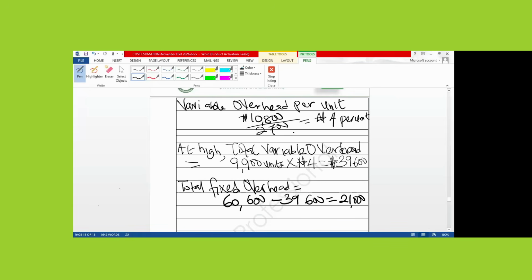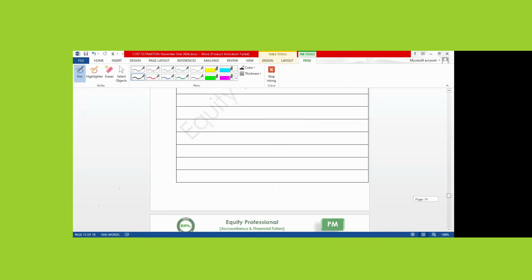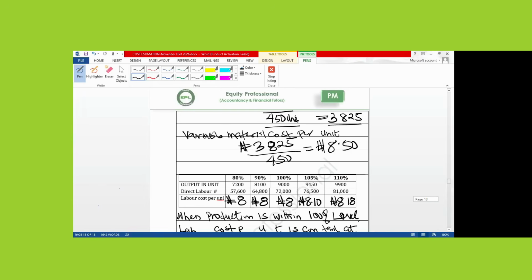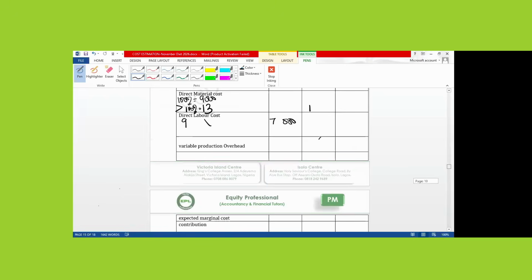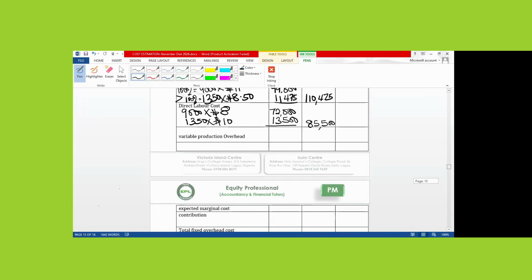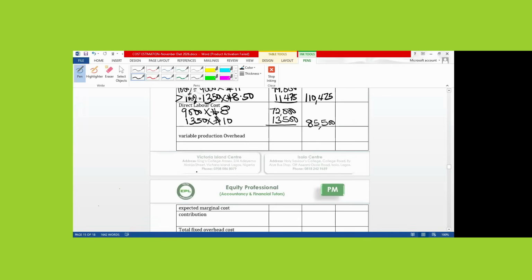We now return to our statement. We have separated the cost. The variable overhead per unit is 4 naira. So if you produce 10,350 units, what is total variable overhead?